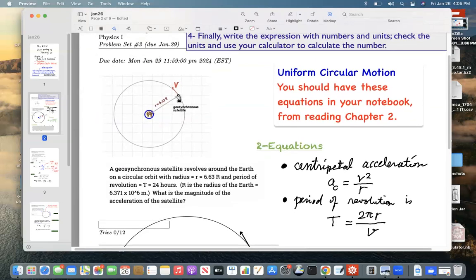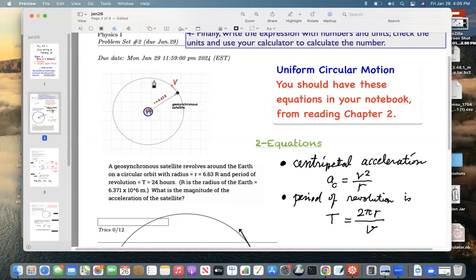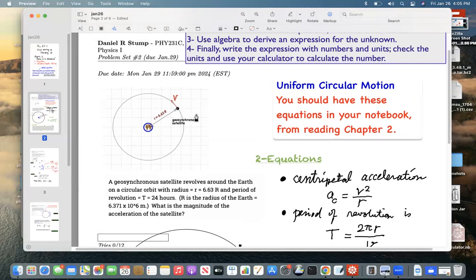Now the question is, what's the acceleration of the satellite? The satellite moves with a constant speed. But since it's moving in a circle, its velocity vector is constantly changing. This would be the velocity vector when it's at this point, tangent to the orbit.